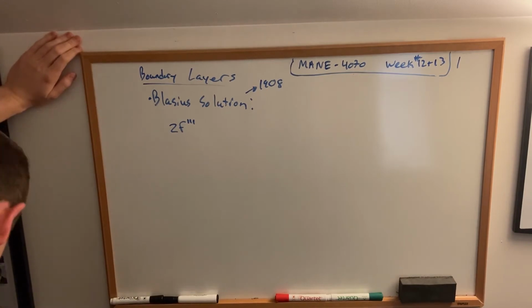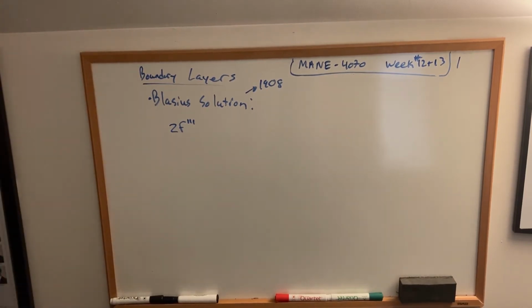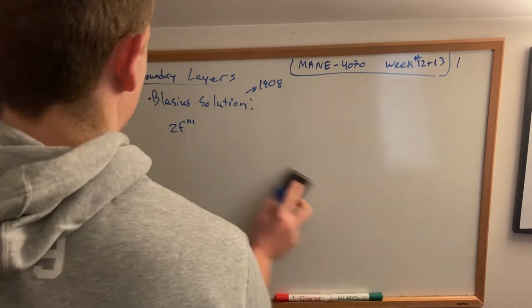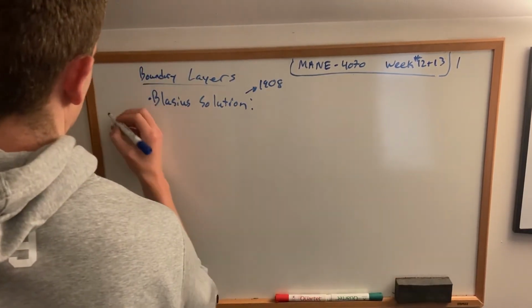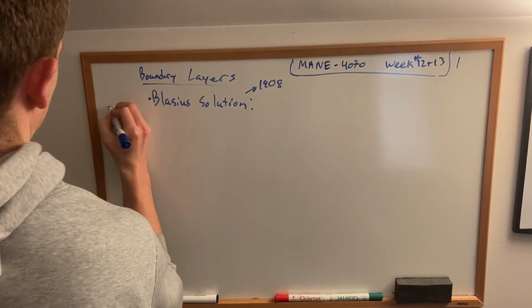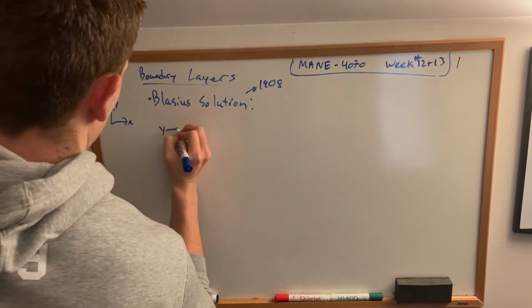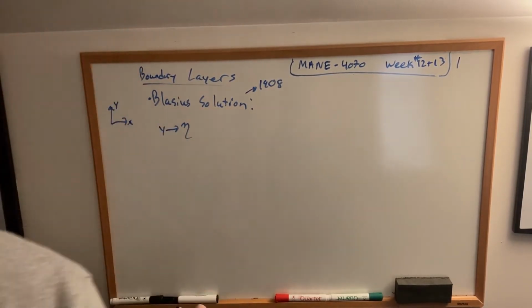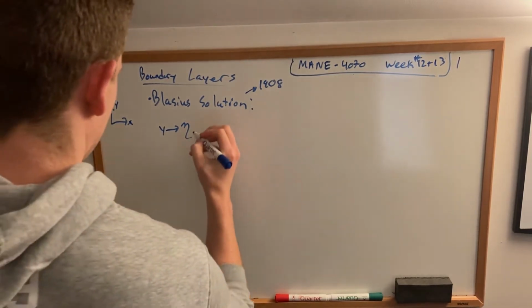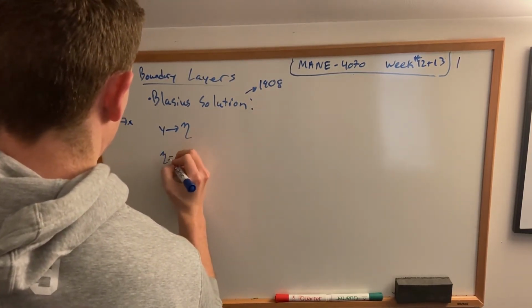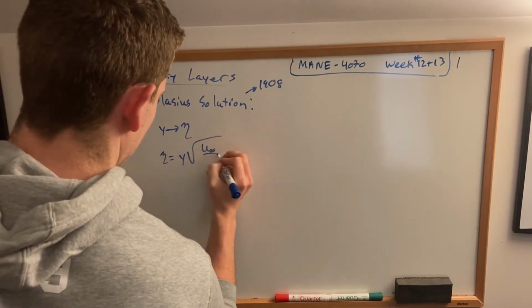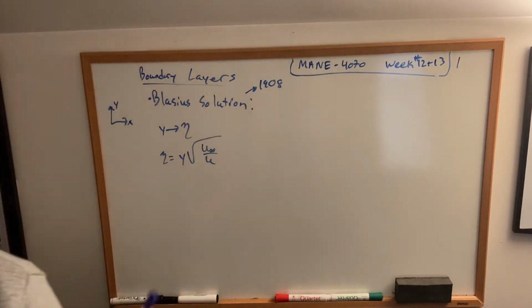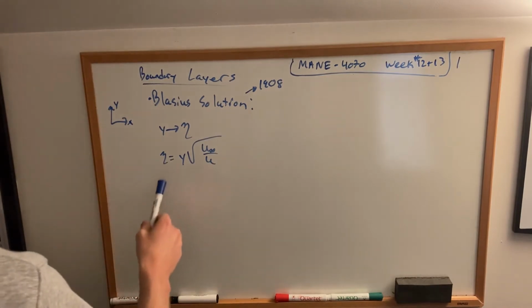So it's a variable transformation. I guess I should go over that first, where instead of x and y, you make the transformation where y goes through this term eta, where eta is defined as y over the square root of u infinity over nu x. So it's some slope kind of like this.